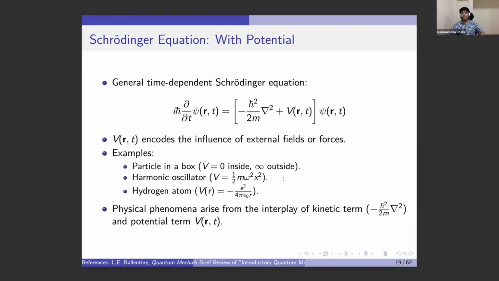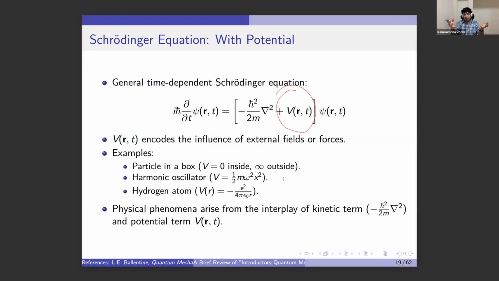And so we include that situation, the forces acting on it or the external fields it is present in, as a potential V of r, t that you see here. So for a free particle, we set this V of r, t to be 0.